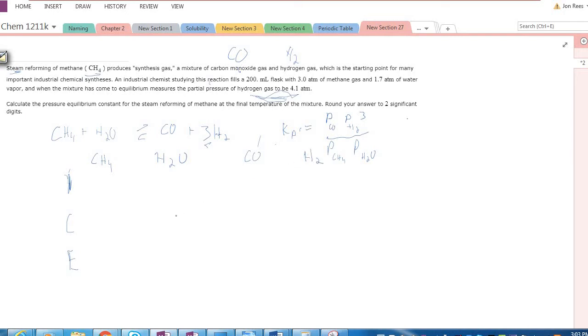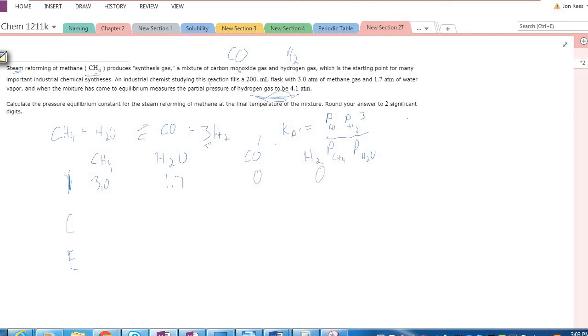So here is my ICE table. And it gives us the initial pressures, and the initial pressure of the CH4 is going to be 3.0 atmospheres. For the water, it's going to be 1.7. Okay, and I start out with 0 of each of these right at the beginning.